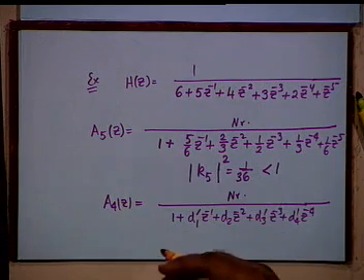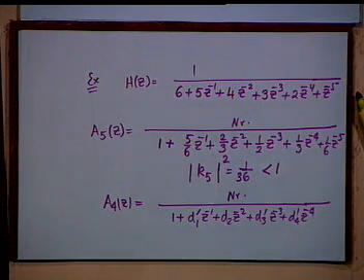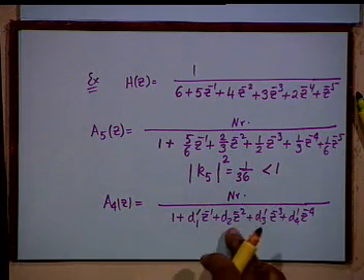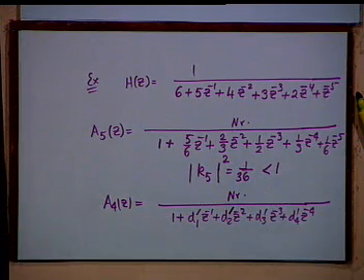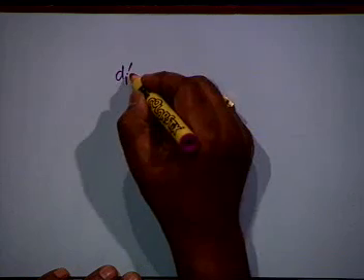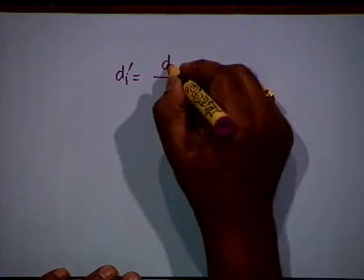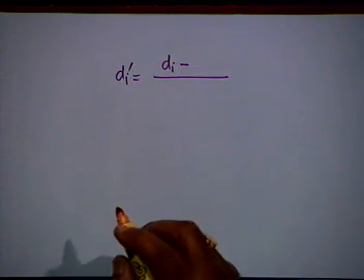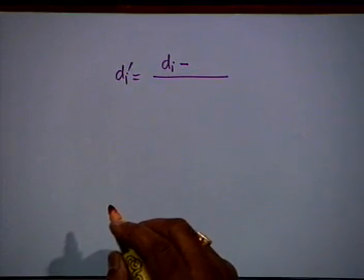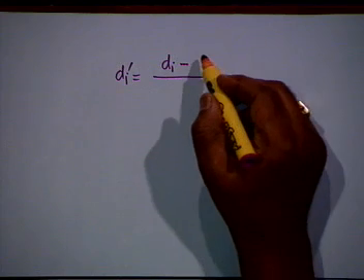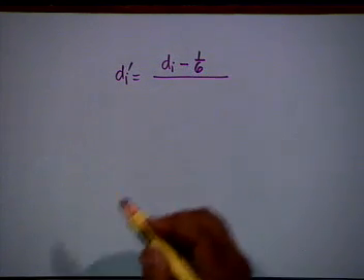Agree? Because the next one shall require the values of d1 prime, d2 prime and so on and so forth. So we use the formula di prime is equal to di minus dm. What is dm here? 1/6. Agreed?